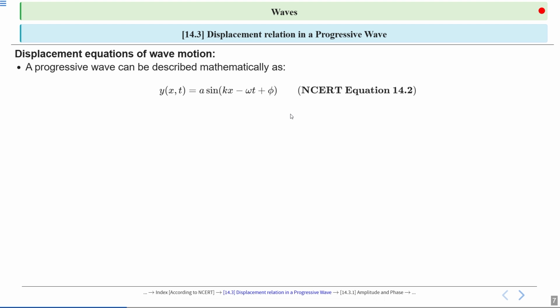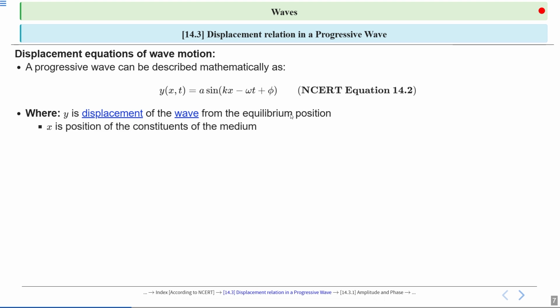This equation tells us how the displacement y of a point on the wave changes with both position x and time t. The sine function means the wave repeats in a regular, or we can say oscillating, pattern, where y is the displacement of the wave from the equilibrium position.